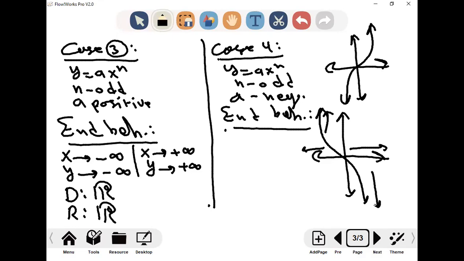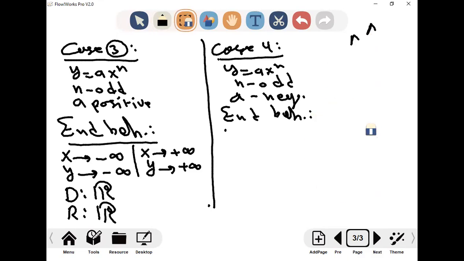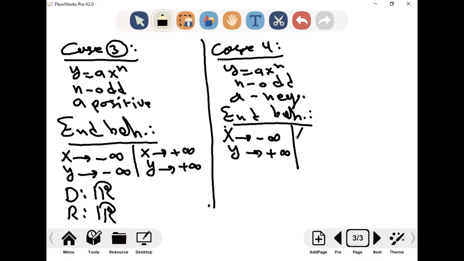So for the end behavior, I will erase these. As x goes to negative infinity, the function goes to positive infinity. As x goes to positive infinity, the function goes to negative infinity.